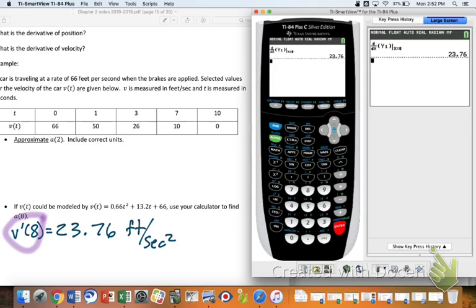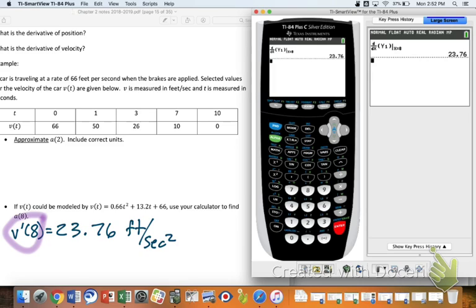V prime of 8: do a derivative, plug in 8. So if you just have a floating number out there, 23.76, I'm like, yeah, I know that that's the right answer and everything, but how did you get there? All you have to do is write V prime of 8, and I know exactly how you got there. Your calculator did all the details for you, I get it, but you're telling me how you got there. Make sense?